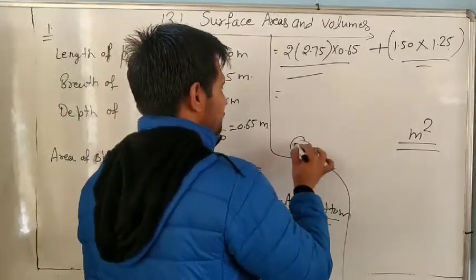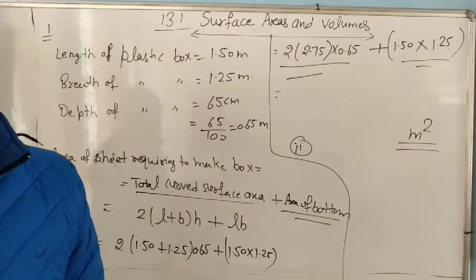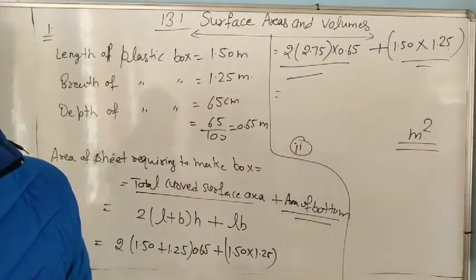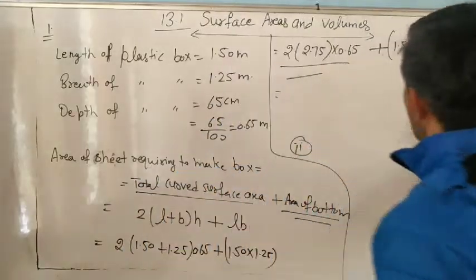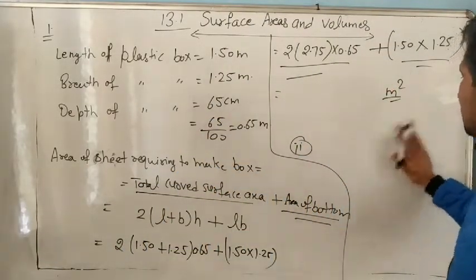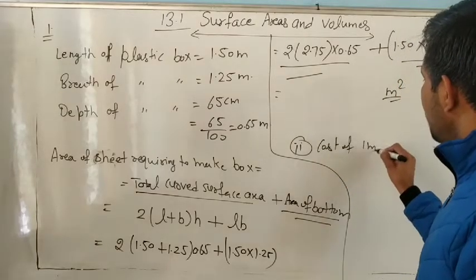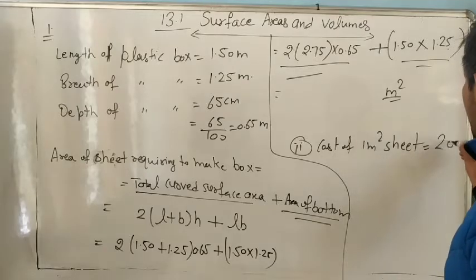Second part: the cost of sheet for it if the sheet measuring 1 meter square costs 20 rupees. What is given? Area comes in meter square. Next we will write cost of 1 meter square sheet, how much? 20 rupees.